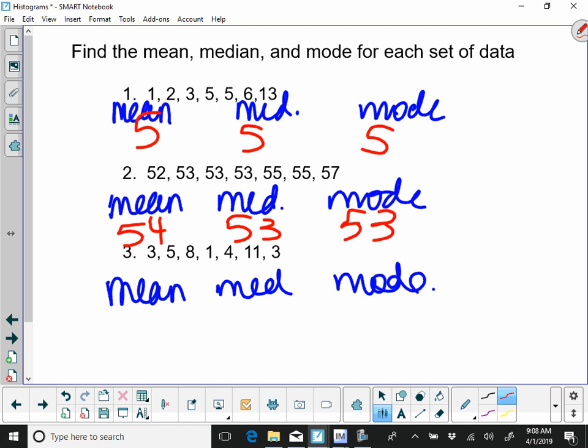When you type this in and hit enter, that very first number is your mean, the very top value. All right, what about the bottom one? 5 for the mean, 4 for the median, and 3 for the mode. Okay, so the calculator does everything except the mode for you.